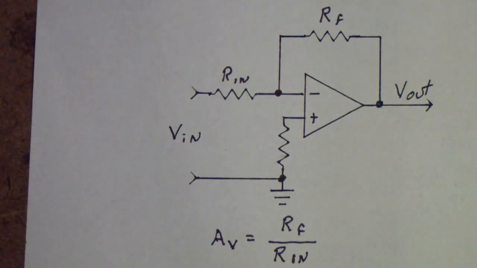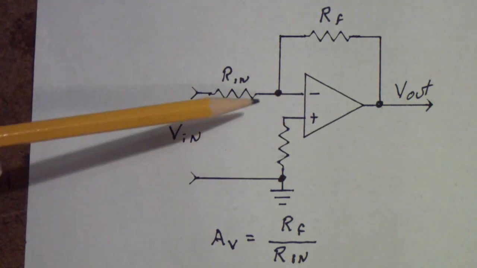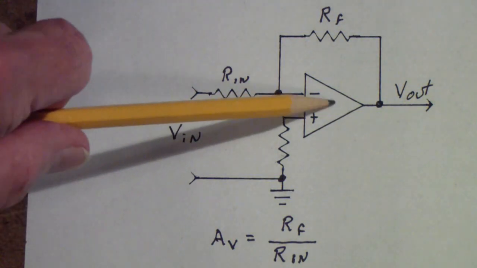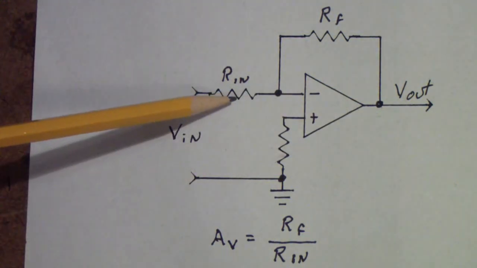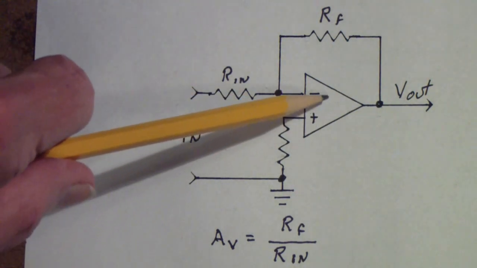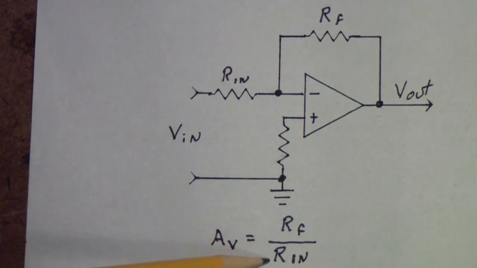The story they give is, the operational amplifier tries to maintain a virtual ground at this point, and the little wizard looks at the output and looks at the input and adjusts this point until the output and the input are in the relationship of this voltage gain equation.